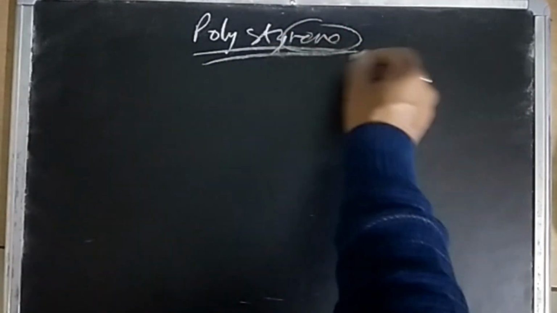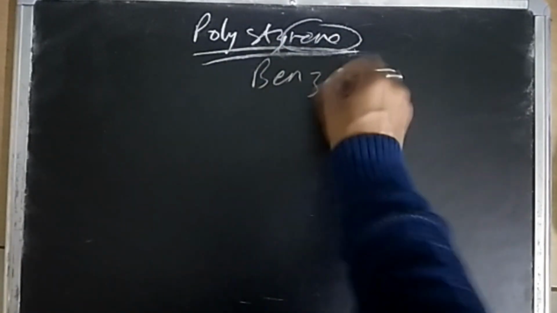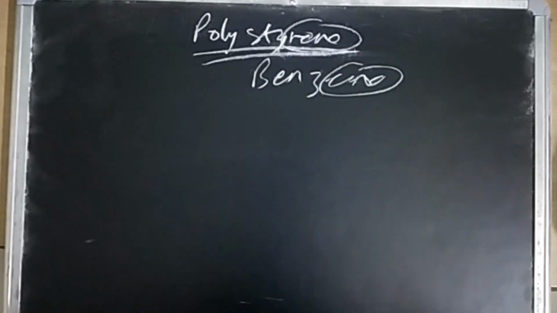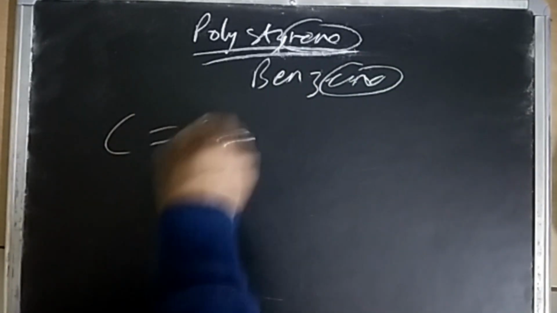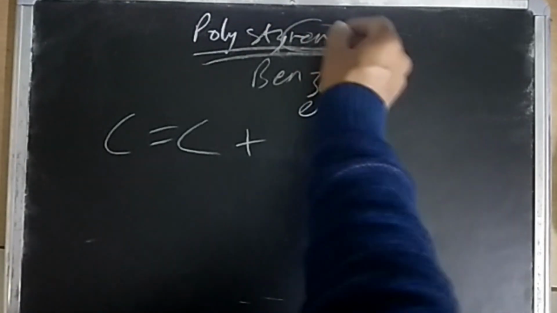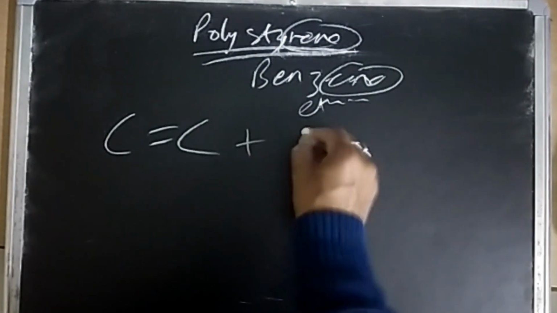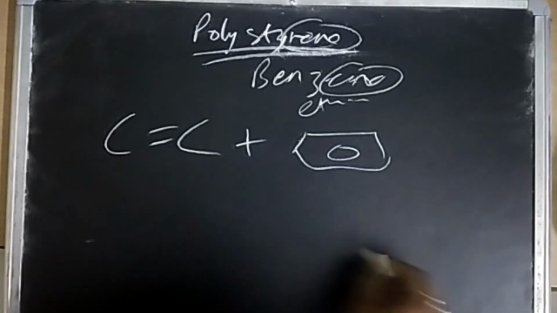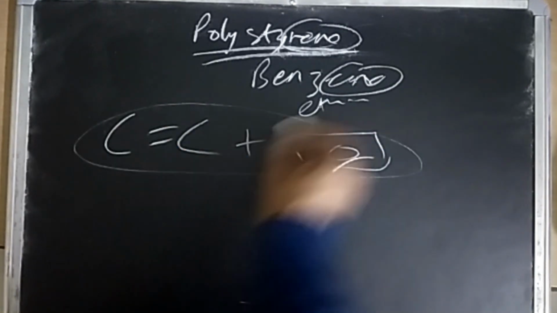We have next polystyrene. Styrene is very important, and from styrene we can see benzene, styrene. Okay, what we do is we take this ethene and benzene, we mix them.